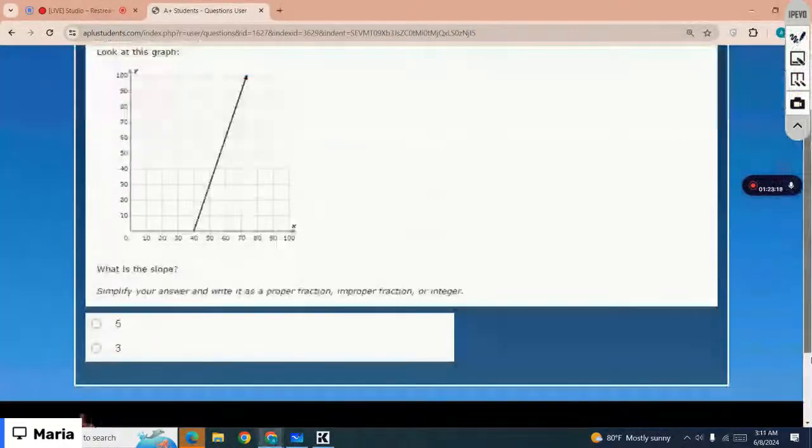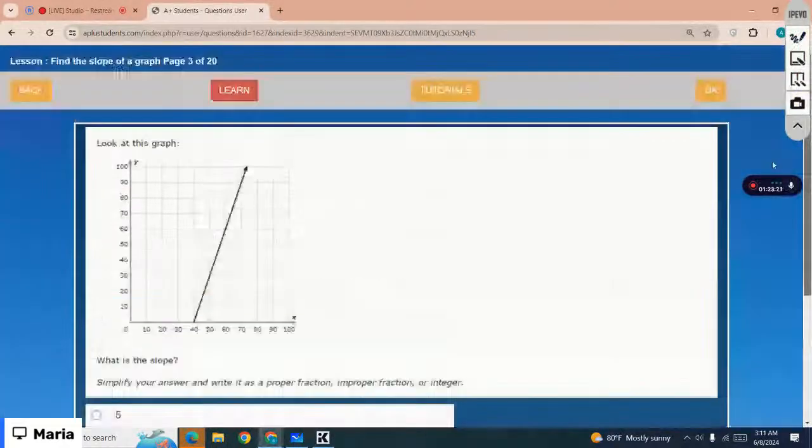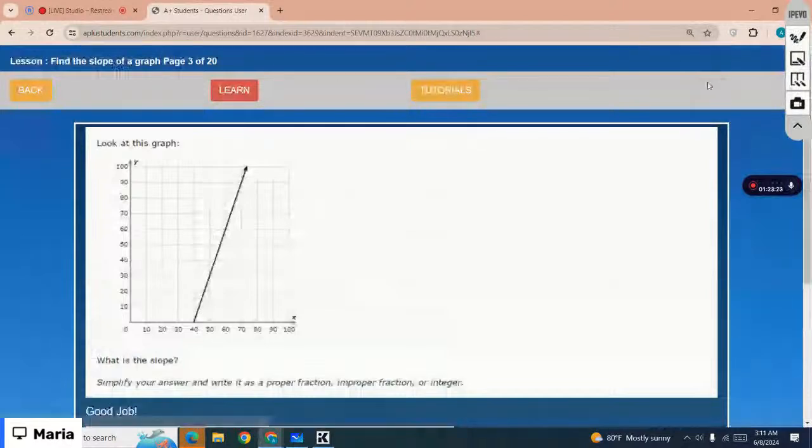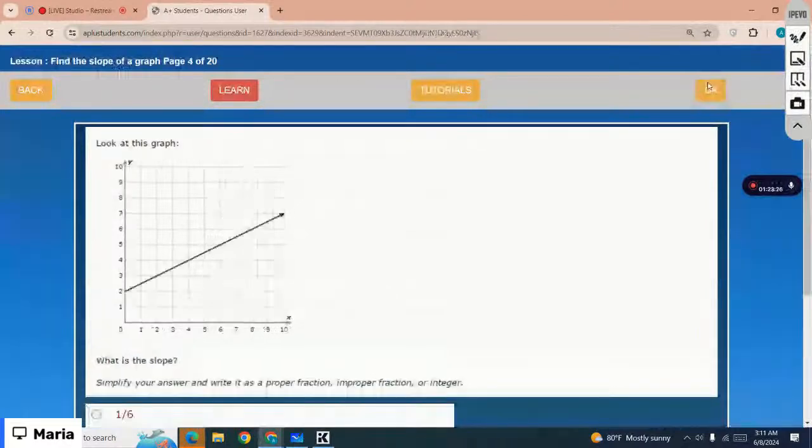So calculating the slope from the graph is too easy, isn't it? Look at this graph. Which is the correct option?